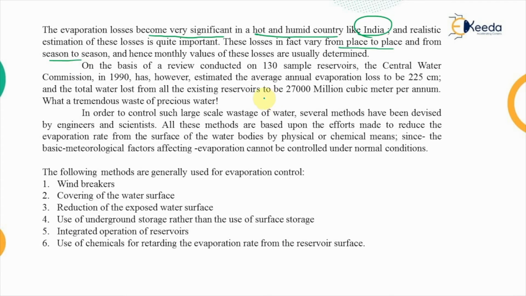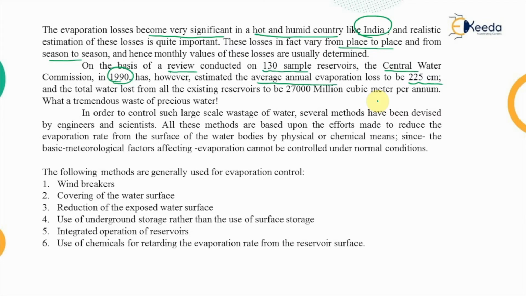Now if we look at one example, the review which was conducted on 130 reservoirs by the Central Water Commission in 1990 estimated that the average annual evaporation loss is 225 centimeter.